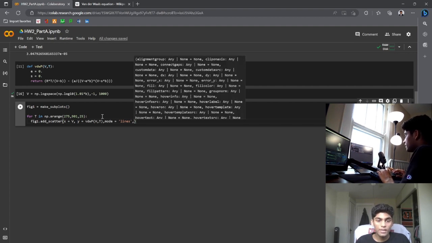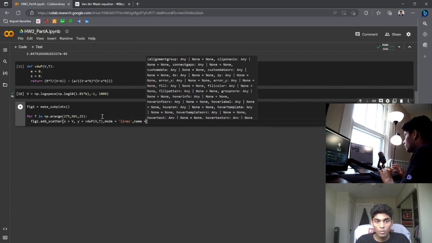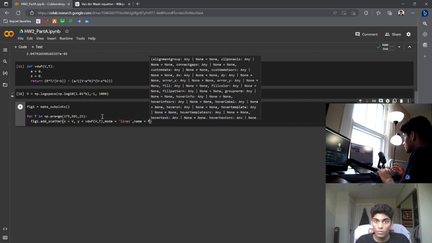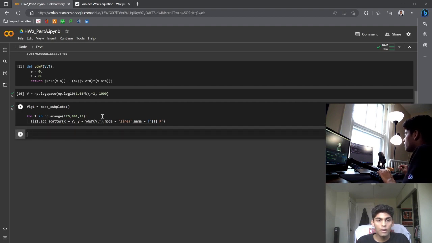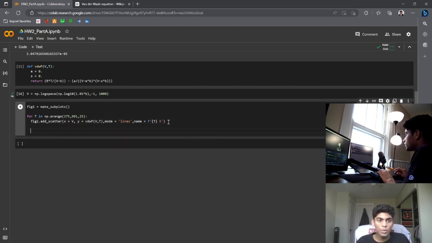We're going to go name equals F, which stands for format. We're going to make these quotation marks, put T in curly brackets, and those are in units of K. And let's just plot this out and see how it looks.